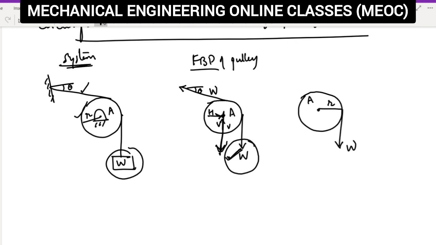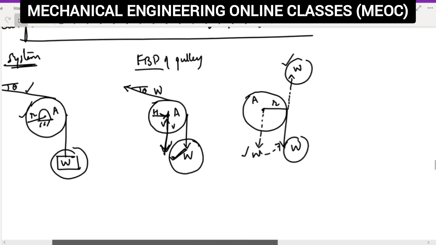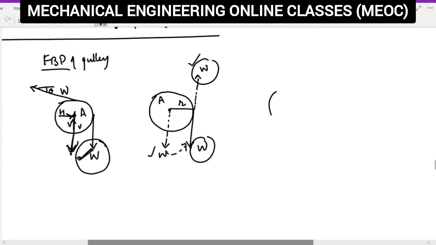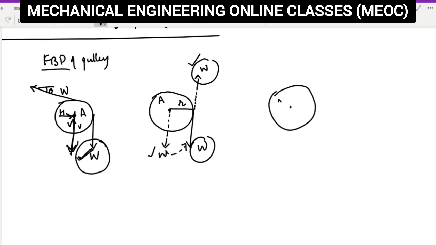We have already learned how to do this, so I am just trying to add forces here. What we are doing is converting a force into a force couple system. So this W and this W are nullified. Because of this W and this W, there is a couple, and the couple will be in the anti-clockwise direction. So our pulley, this is point A, and this W is acting here.